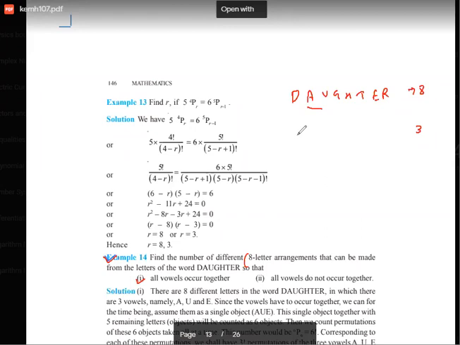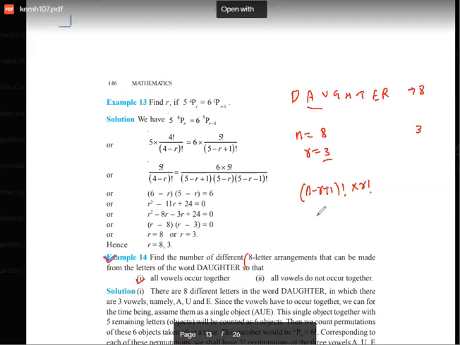So n is equal to 8, r is equal to 3, because these 3 elements should be together. If we take this as one element, the number of ways is (n minus r plus 1) factorial into r factorial. That was the formula.